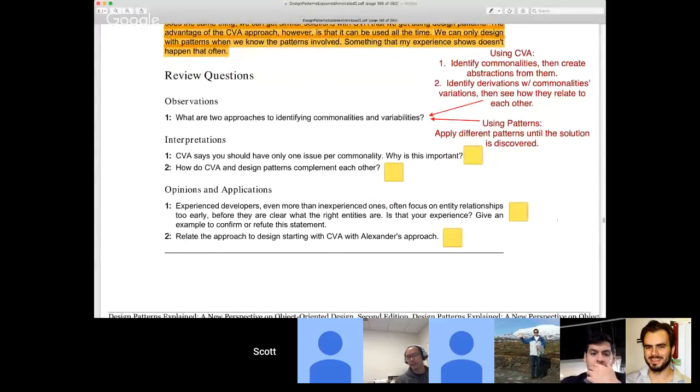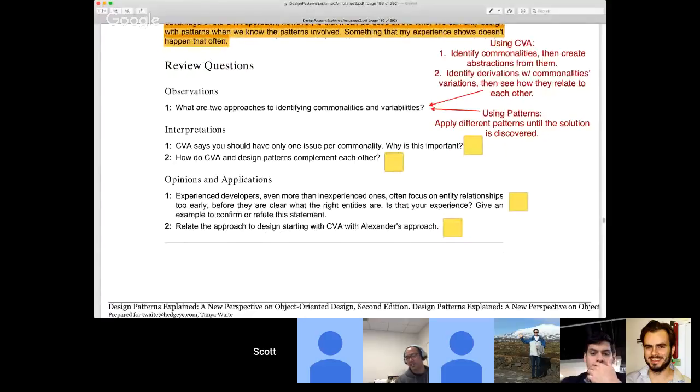Am I the only one that thinks CVA is basically what you're supposed to do with OOAD? When he went through it, I thought, oh yeah, isn't that what everyone does? You look at what's there and then categories of what's there. That's a commonality, right?